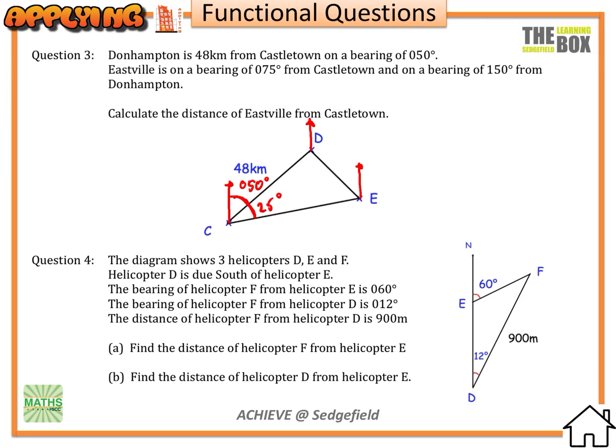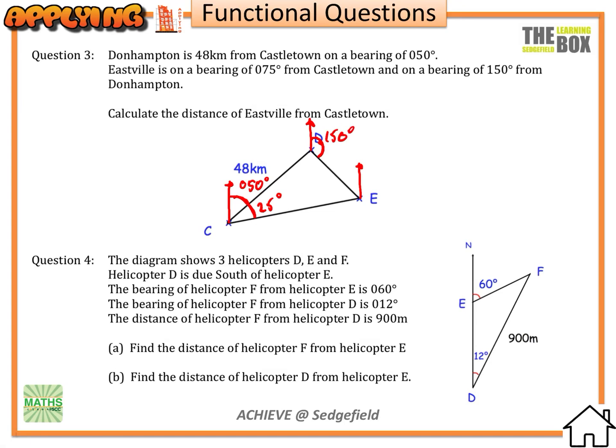Then we need to know that Eastville is on a bearing of 150 from Donhampton. So what that means is that this angle is 150 degrees.